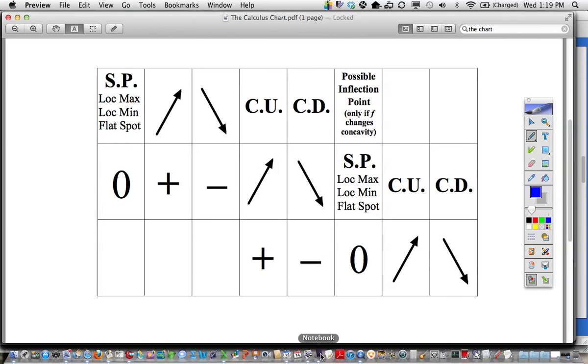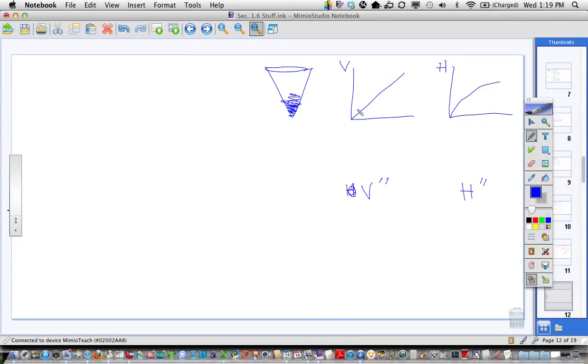So on these two graphs, what's the concavity of V? It doesn't have any concavity, right? So therefore the second derivative would be 0. And this one is concave down, so the second derivative has to be negative, right? So you had to first understand what the V and H graphs would look like.